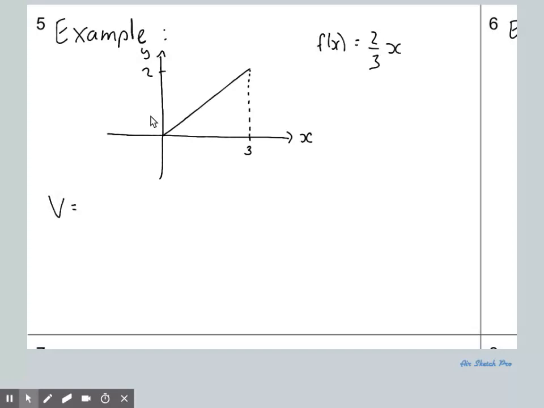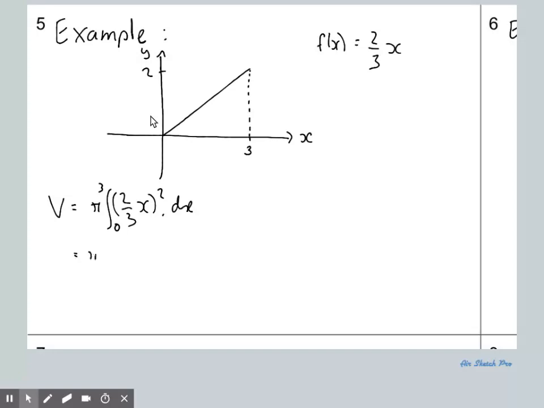Volume is equal to pi integral between 0 and 3. That's my natural boundaries there. 3 because it's given to me, and 0 because it must be the other boundary. 2/3 x squared dx.